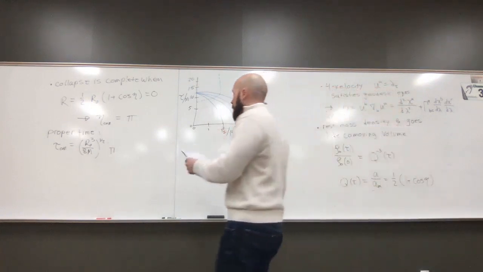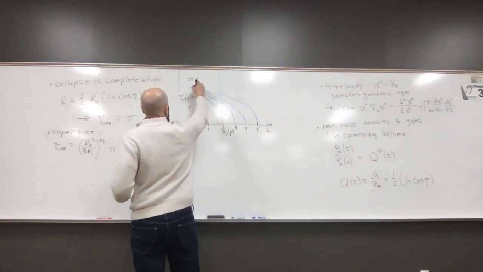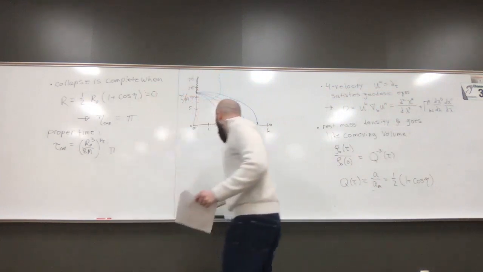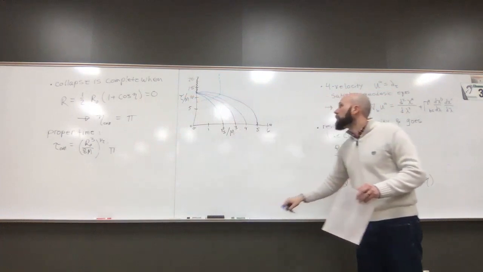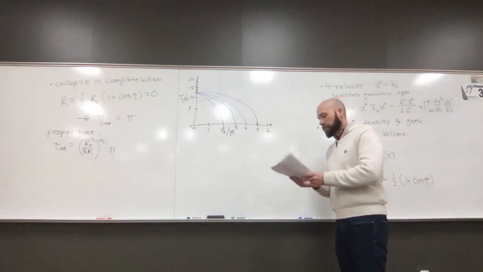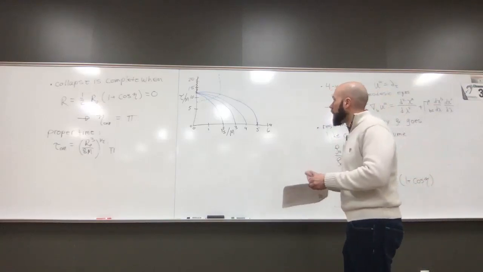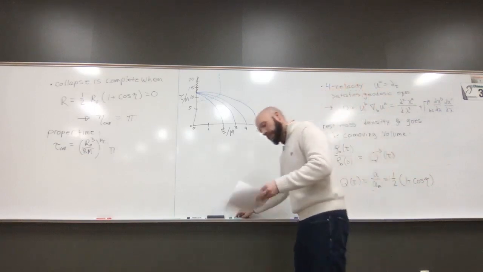Like that. Okay, and so from here on, we have a singularity at the center. That's that. So that's the space-time diagram for what's going on in this collapse.